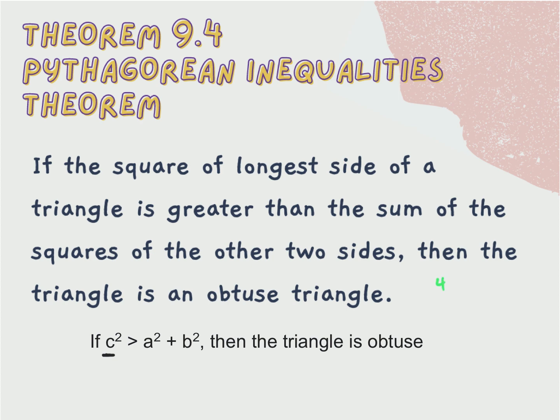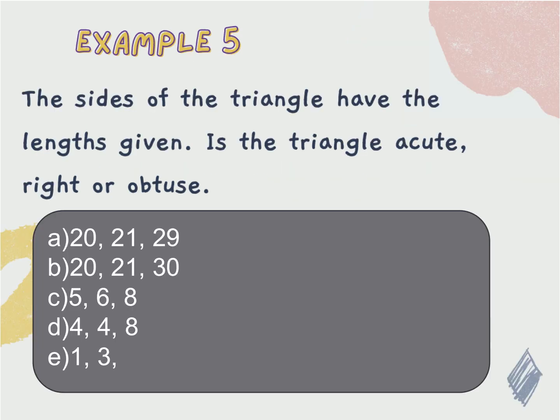In number 40, they want us to find the length of the triangles' sides, given and stated whether they're acute, right, or obtuse. So, let's do the first one. 29 squared equals 20 squared plus 21 squared.